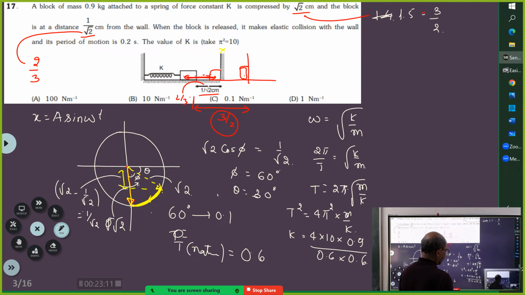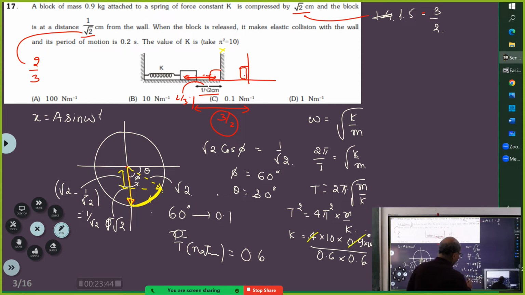So here, see, 9 4s are 36, 6 6s are 36. They would get cancelled. Correct? So I will put a point here and multiply it by 10 to the power of minus 10 to the power of... So then 0.9 into 0.4 becomes 0.36. 0.6 into 0.6 becomes 0.36.